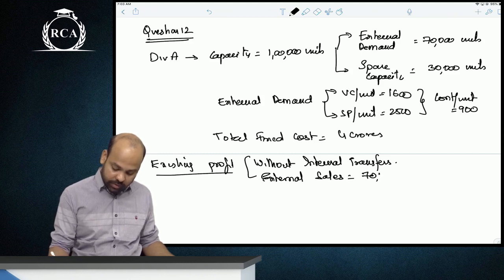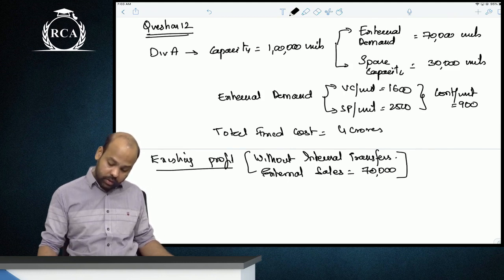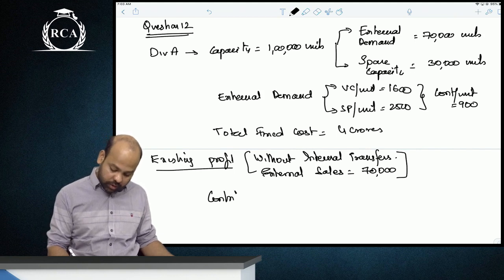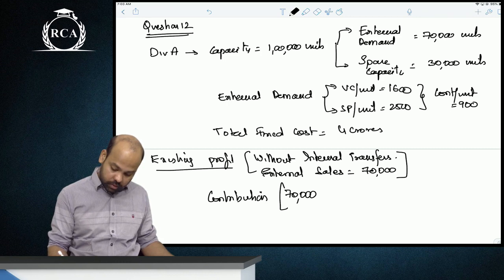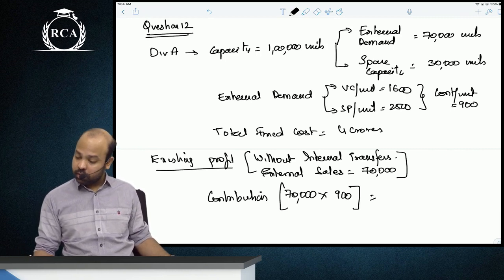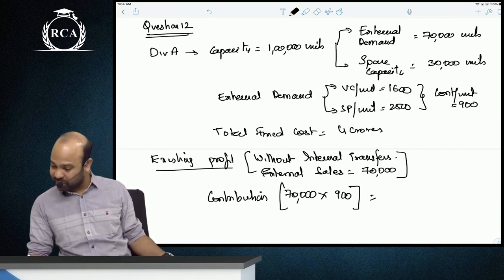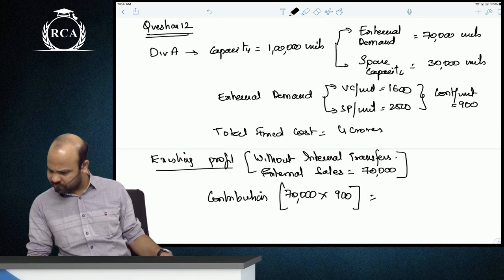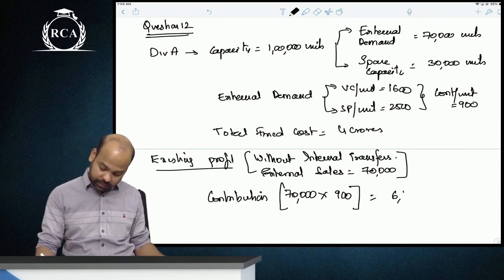External sales should be 70,000 units. So the amount of contribution that we are going to get from this is 70,000 units into 900, which is 6 crores 30 lakhs.